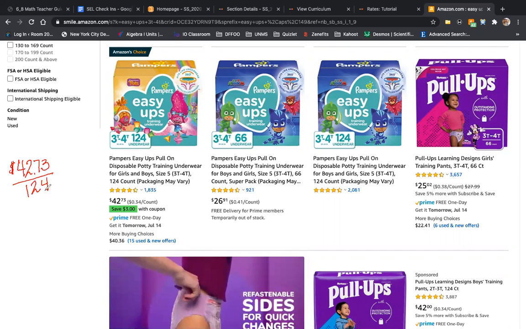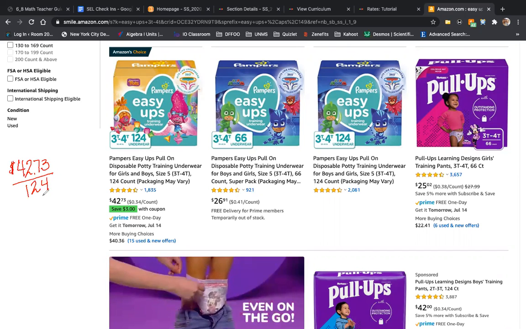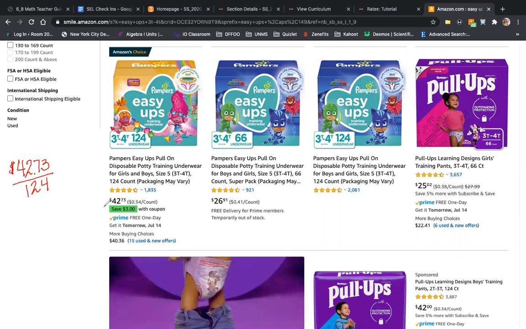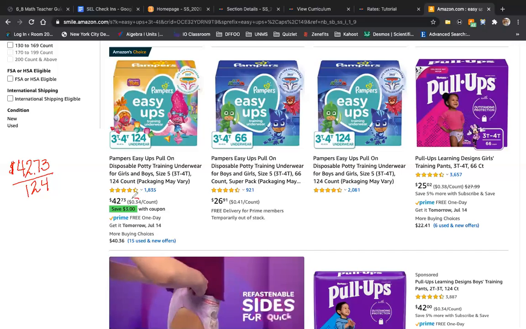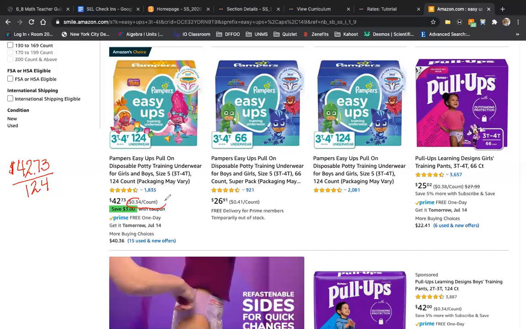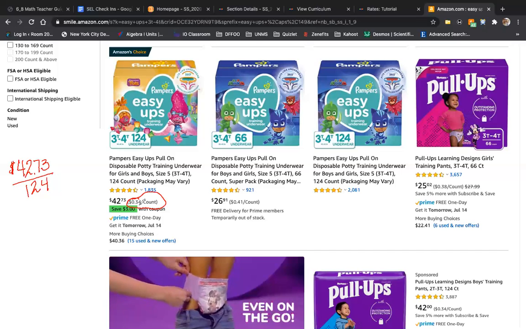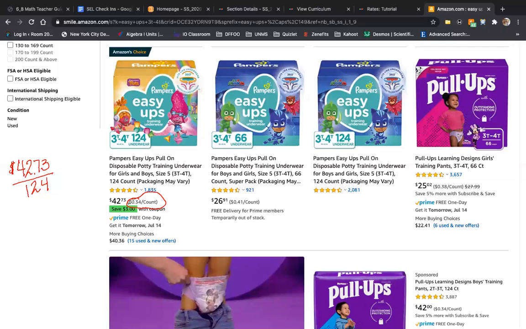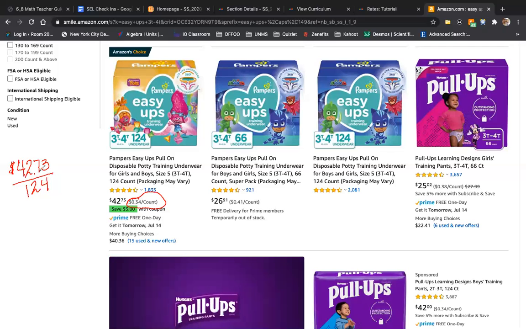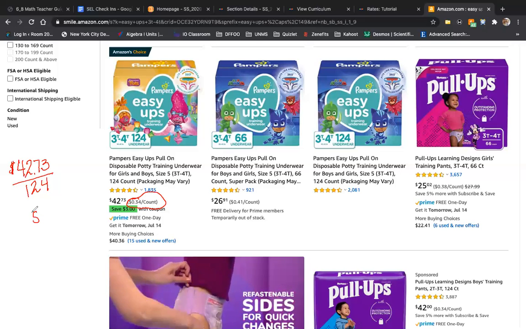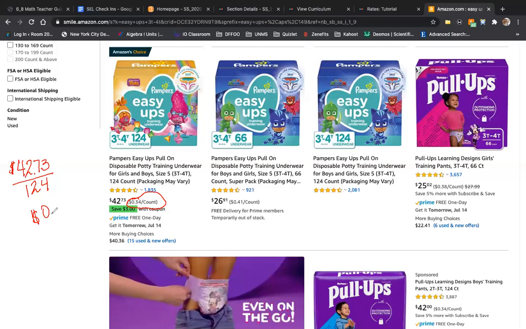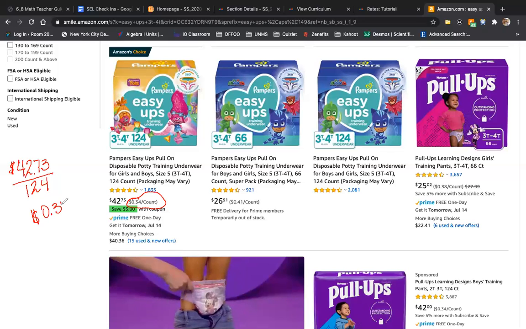That gives me the cost for just one diaper, and Amazon actually gives it to you here. If you look closely, it says 0.34 per count. That's telling us that if I divide this by this, somebody feel free to check it, you should get that the cost of just one diaper in this case is 34 cents, right?